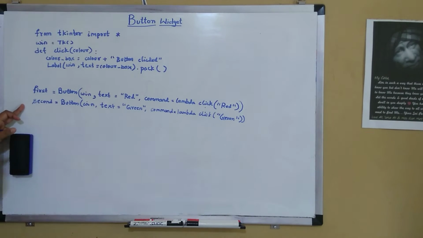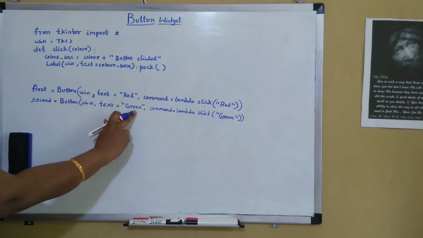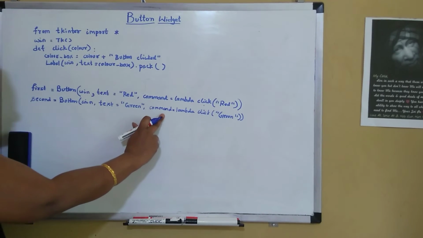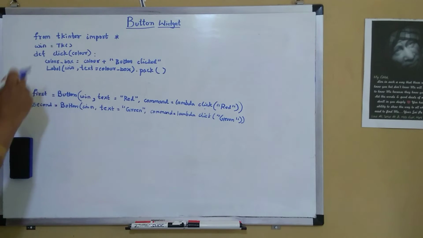So for the second button, I am placing it in the main window, and the text for this button is green, and when this button is clicked, it will pass green as the parameter to the click function.